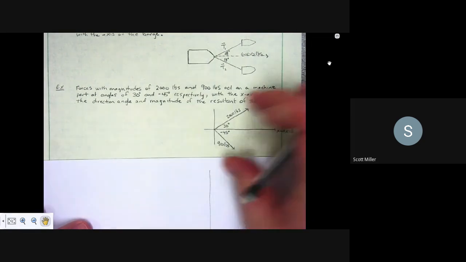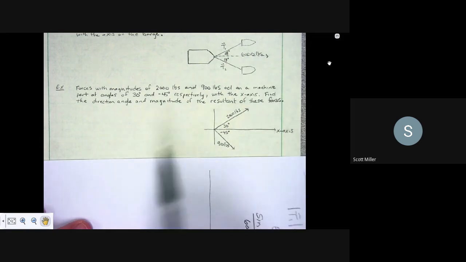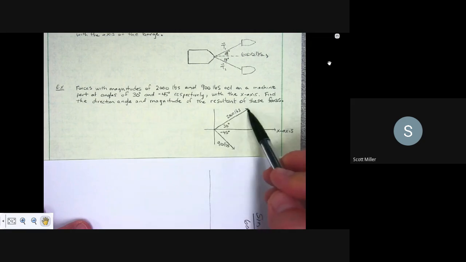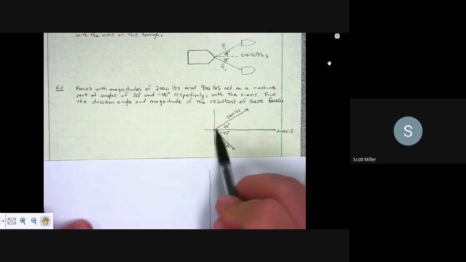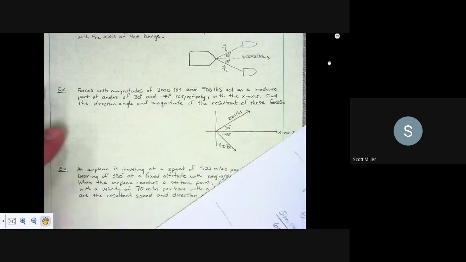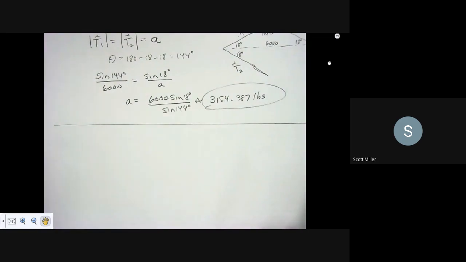So if I'm pulling, there is a resultant that's coming off in some fashion, and I need to figure out where it is. Because this one pulls stronger than this one, the resultant should be above the x-axis, because think of the parallelogram. Okay? So with that, let's go draw this picture out and work this one out.